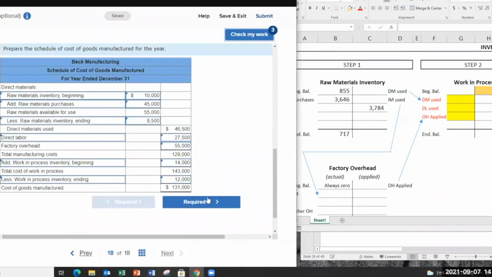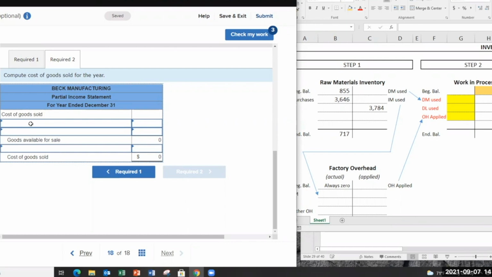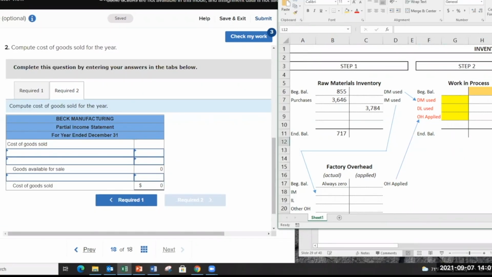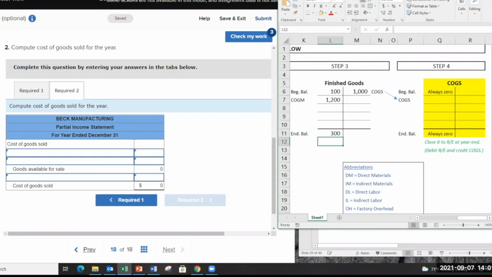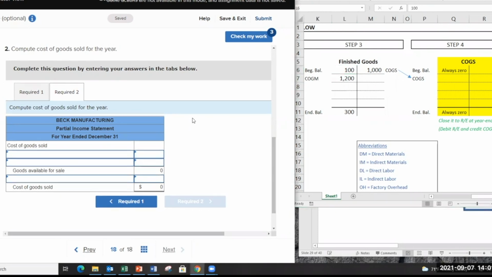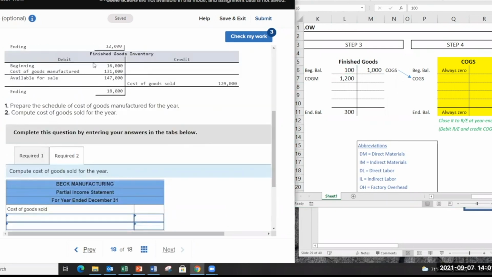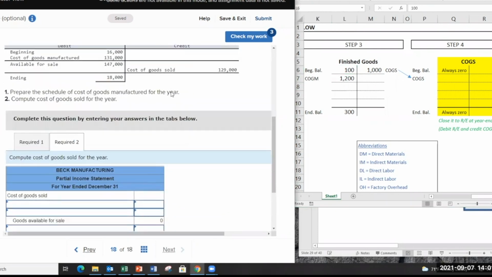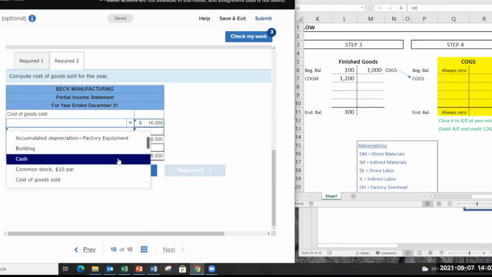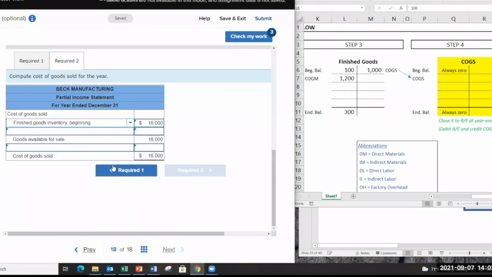Now I can go to requirement 2. This is a partial income statement that's only showing cost of goods sold. What's included in cost of goods sold? Let's take a look. It's all about finished goods, isn't it? My beginning balance in finished goods is given to me right here, 16,000. Finished goods beginning, plus cost of goods manufactured.